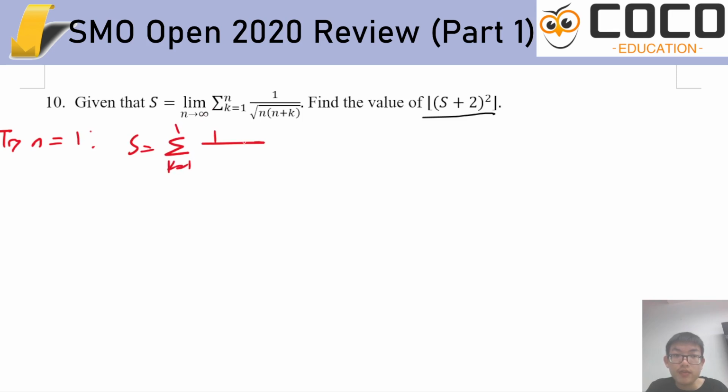Just one term. This means square root of 1 times 2, right? 1 over root 2. That's not a lot.